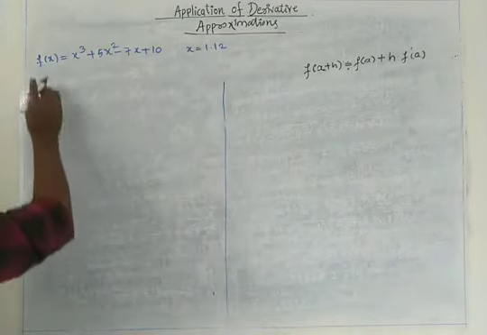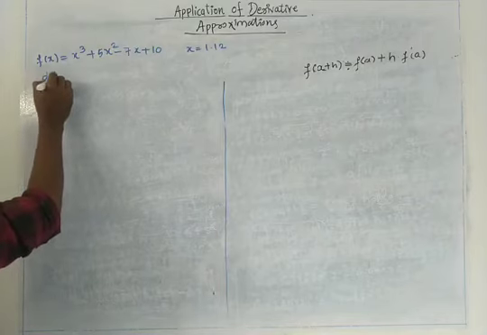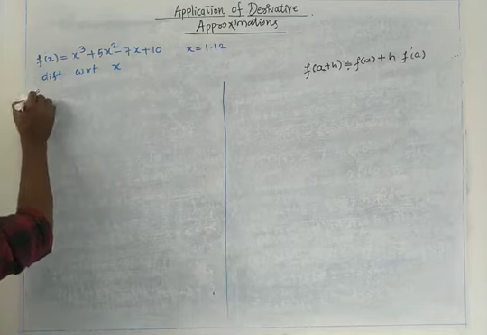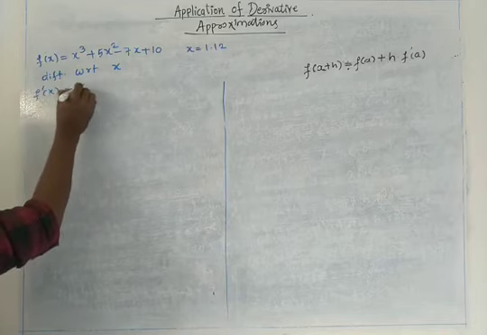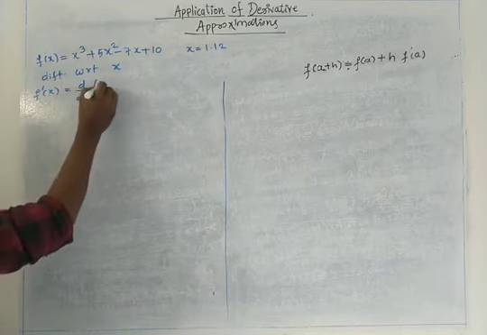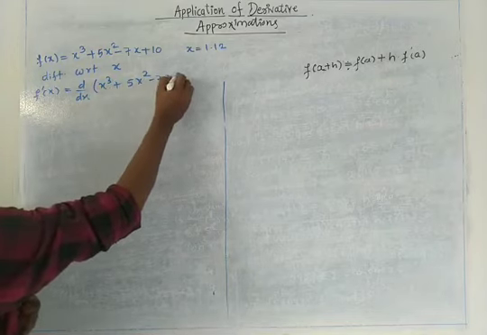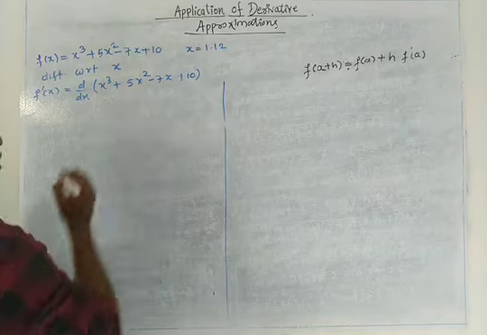So let's start with finding the first derivative. Differentiate with respect to x. So we will get f dash of x is equal to d/dx of x cube plus 5x square minus 7x plus 10.